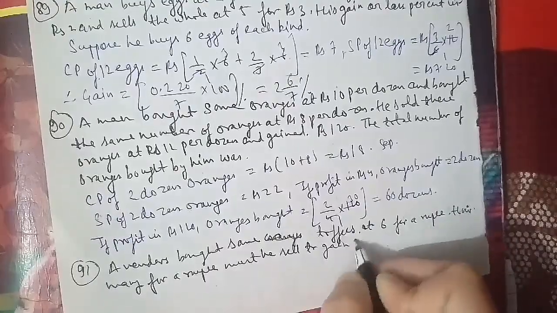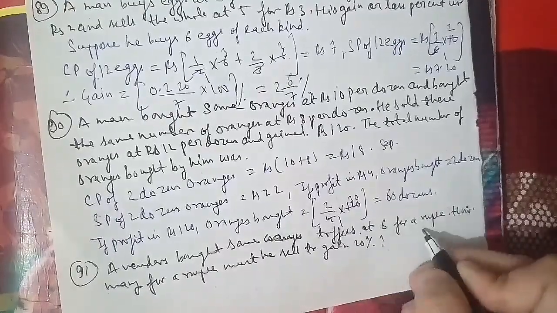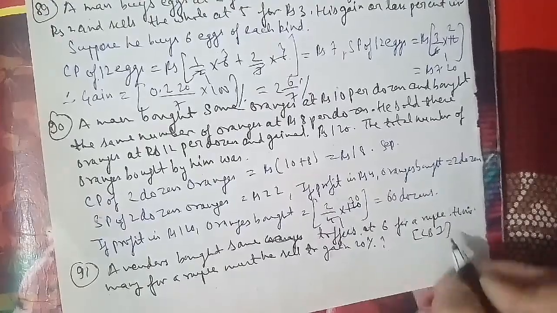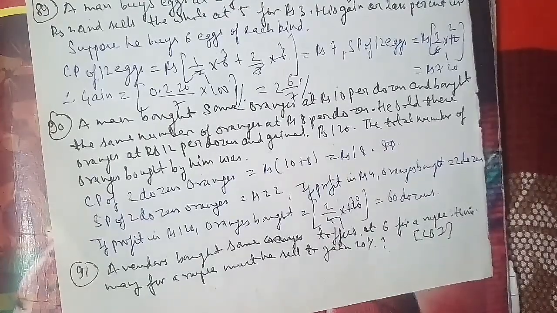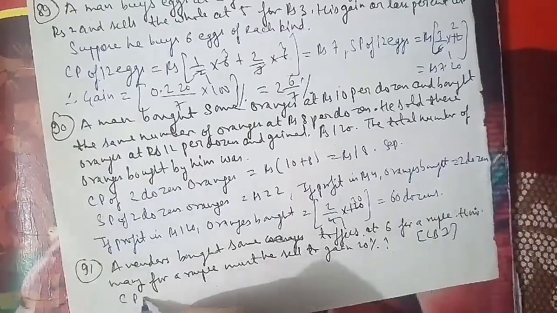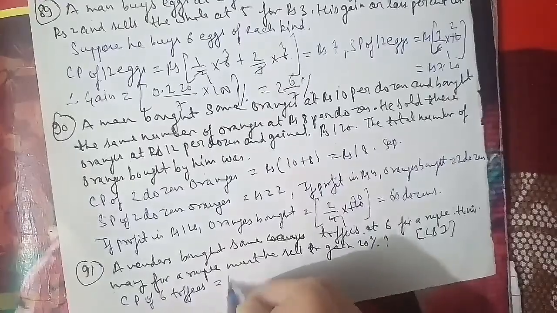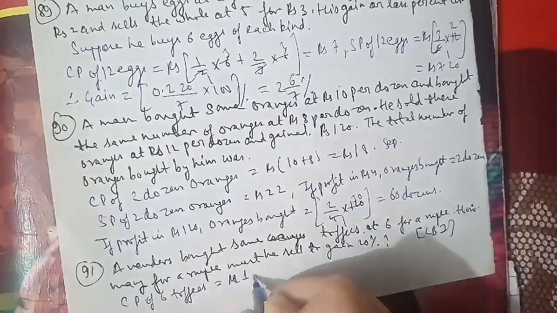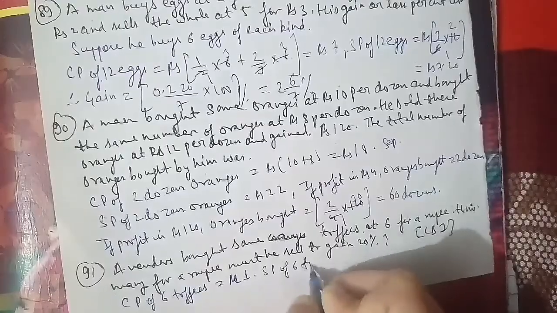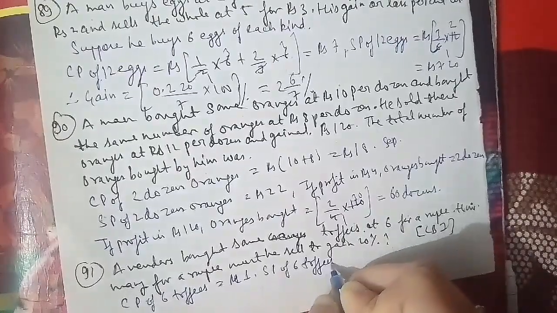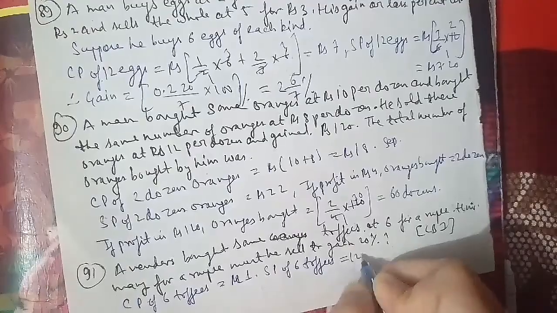For rupees 6 upon 5, 6 toffees are sold; for rupees 1, toffees sold equal 6 into 5 by 6, with the 6 being cancelled, so 5 is the answer here, which is important.